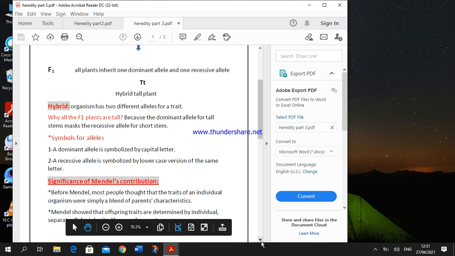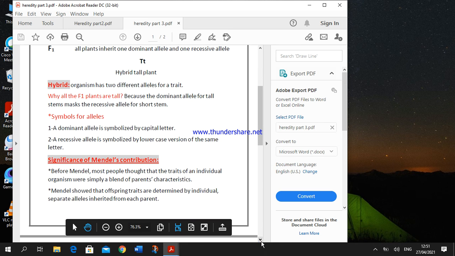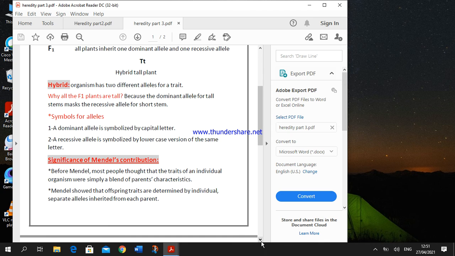Significance of Mendel's contribution. Before Mendel, most people thought that the traits of an individual organism were simply a blend of the parents' characteristics. But after Mendel's experiments, Mendel showed that offspring traits are determined by individual, separate alleles, and depend on the alleles that the offspring received from parents.